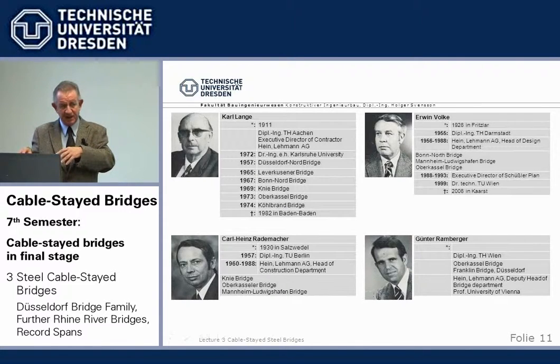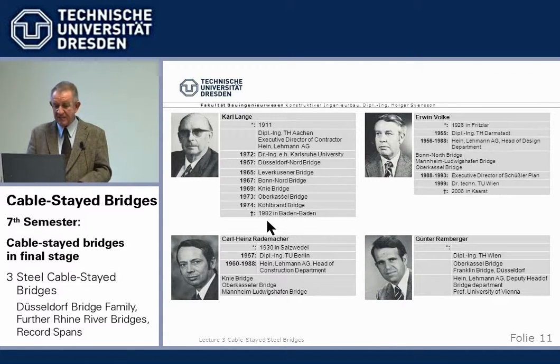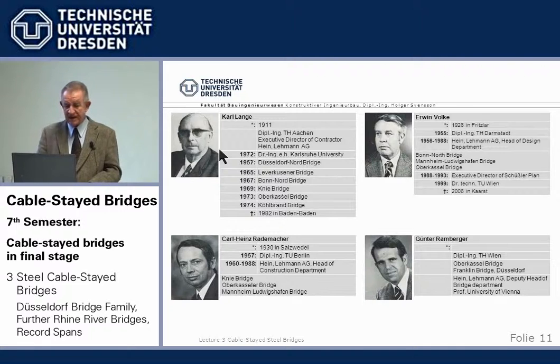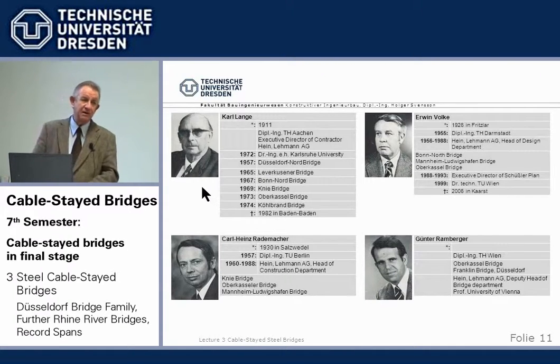It's coming back now. Main contractors have less and less own design capacity, and they come back to the consultants to do it for them. But at that time, there were very few consultants. Leonhard, Homburg, Grassel, but that all started only, that was small. And so at Hein Lehmann, there was Karl Lange, there was Mr. Weitz, of whom I only got a picture now, and then Volker Rademacher and Ramberger.